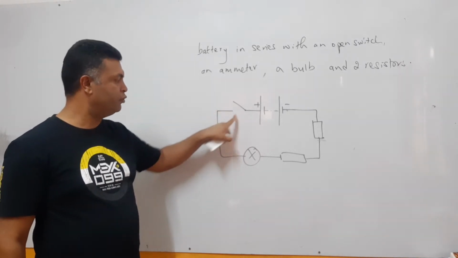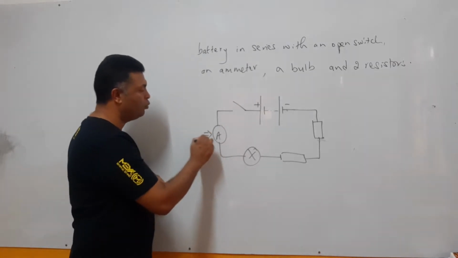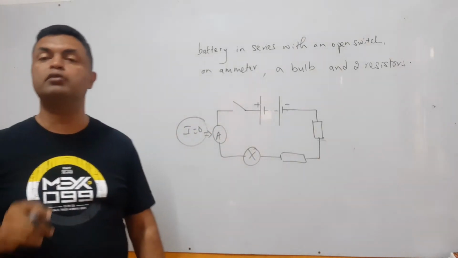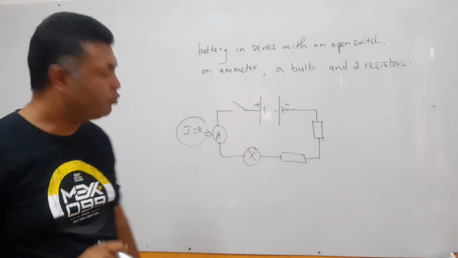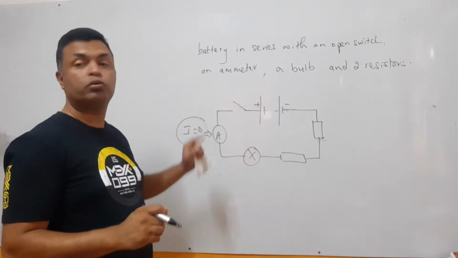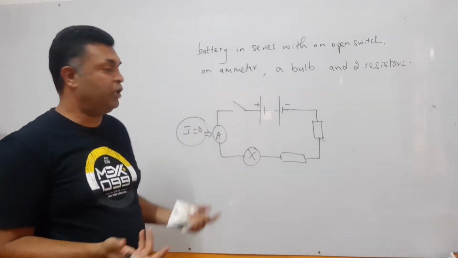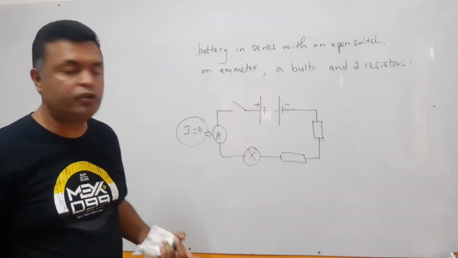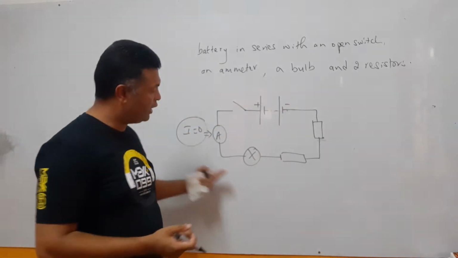If no current flows, the ammeter will give you a zero current. So I will be equal to 0 because the switch is open, current cannot flow. So you don't have to draw directions, because current is not flowing, so you will not have direction of current.